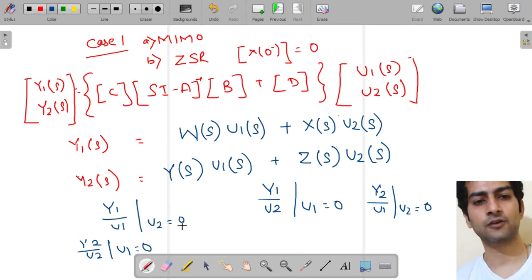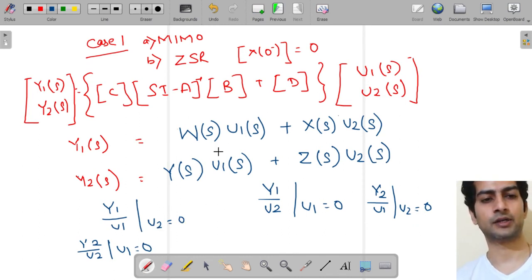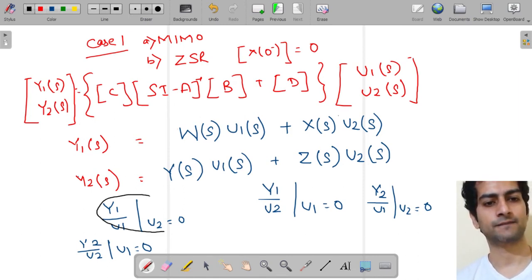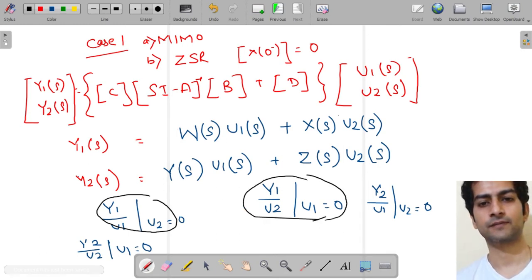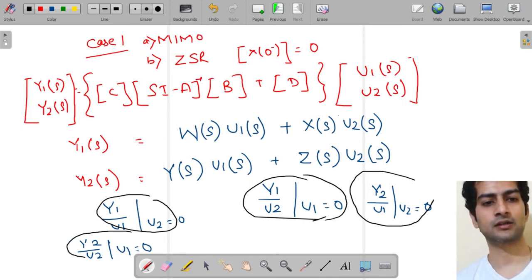So we are getting four combinations of inputs and outputs. Can I call this a transfer function?